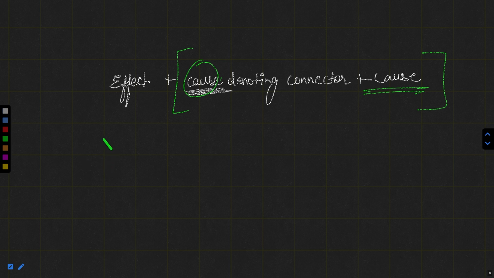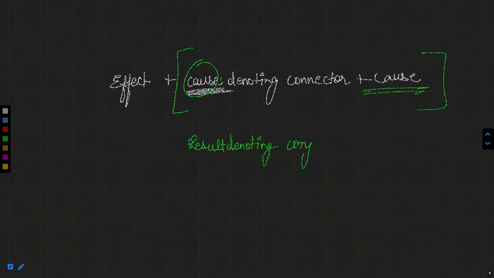But if I want to write this result denoting conjunction, this result denoting connector, the position will again be in the middle of the sentence.